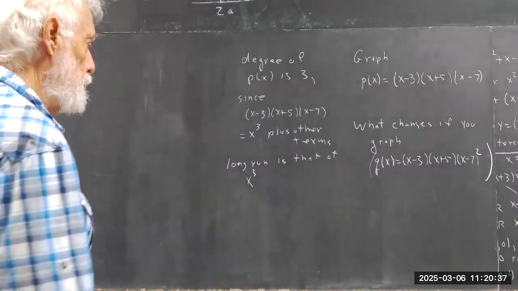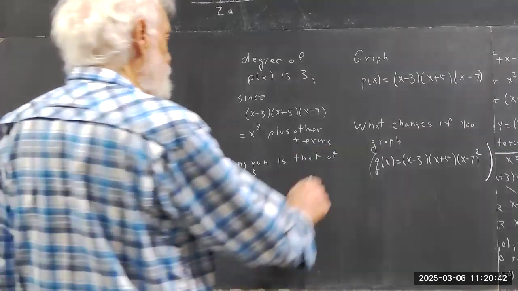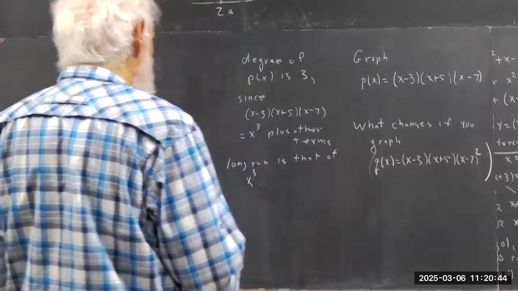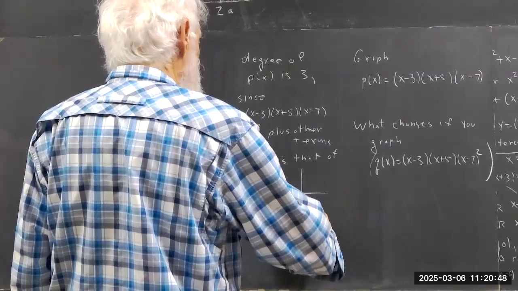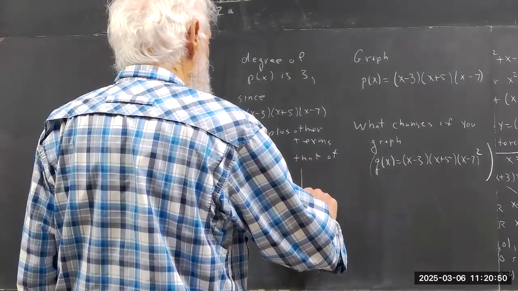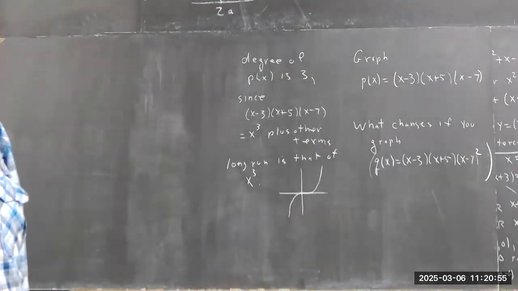Long run is that of x cubed. And the x cubed graph, you know, from having constructed it, looks like this.